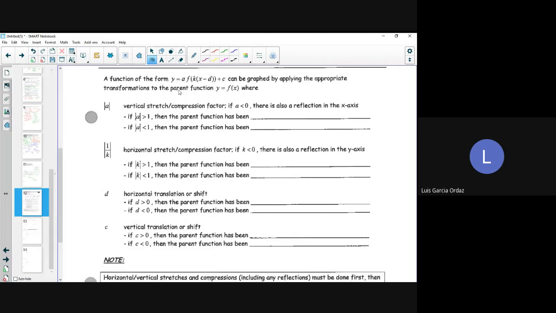So if a is bigger than 1, do we have a stretch or compression? Stretch. It has been stretched by a factor of a. Okay, and if it's less than 1, compression, it has been compressed.